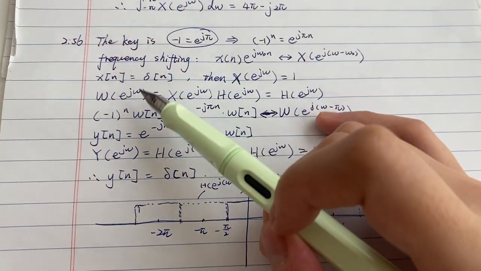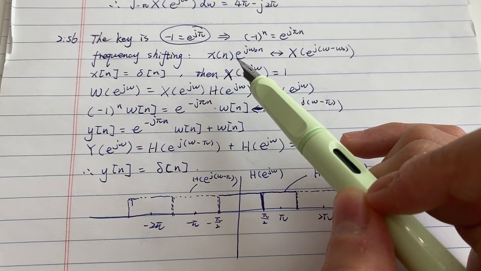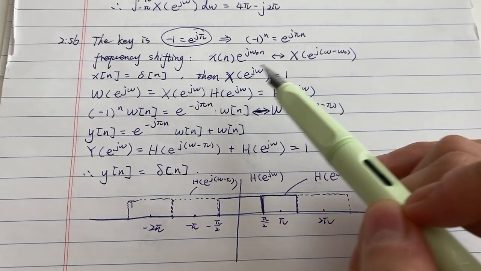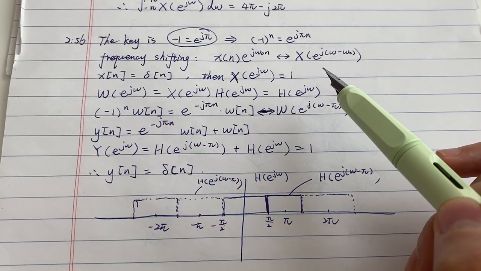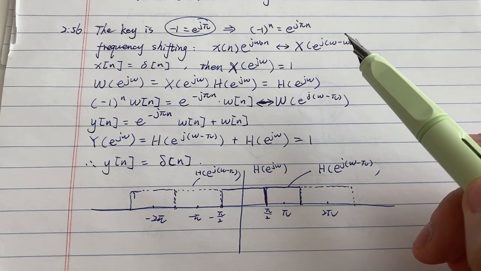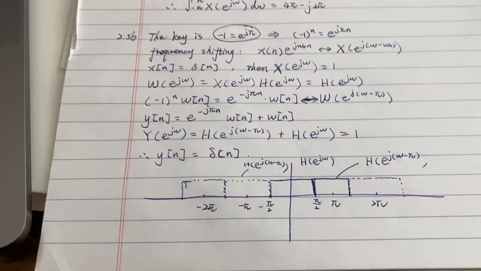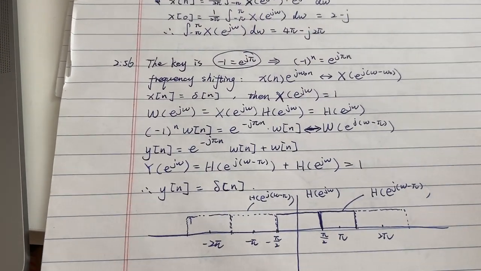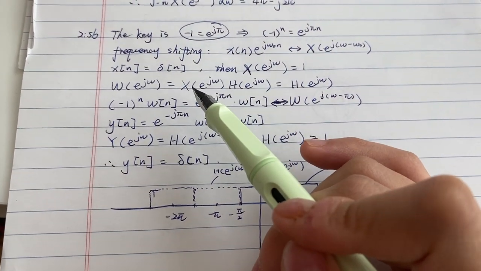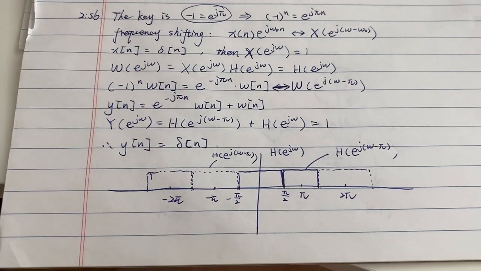For frequency shifting, you can see that for x[n] multiplied by e to the power j omega_0 n, we can find it in the frequency domain as X of e to the power j (omega minus omega_0). And here we know that x[n] equals delta[n]. So the frequency domain X equals 1.